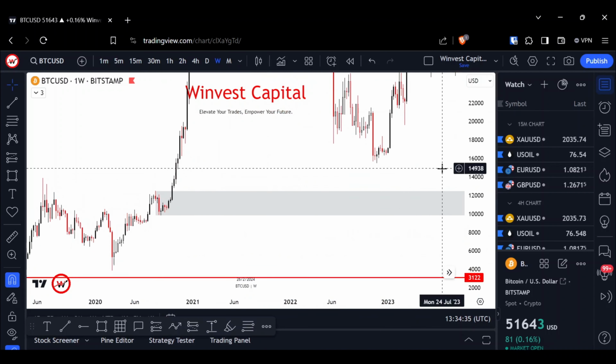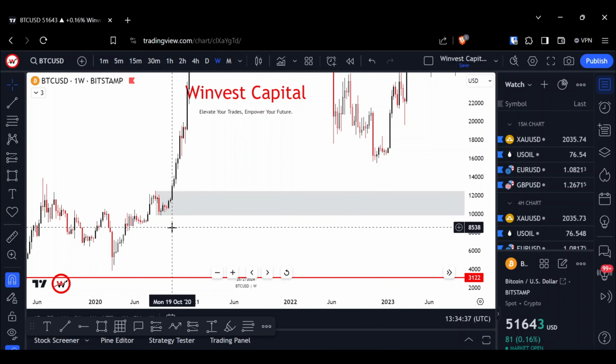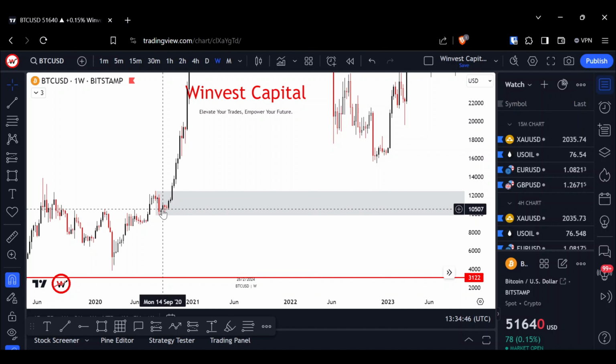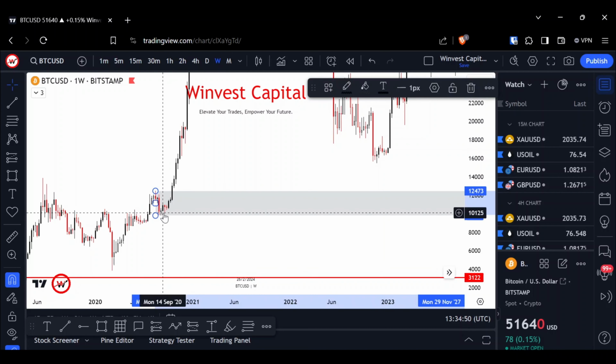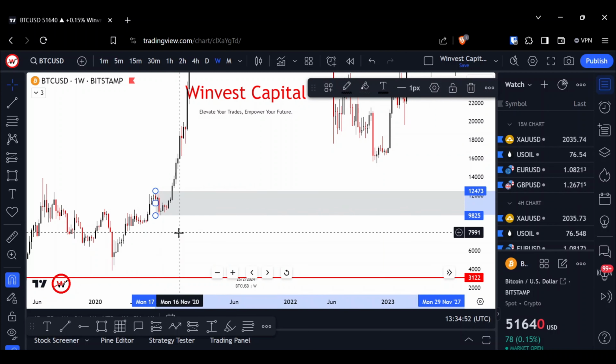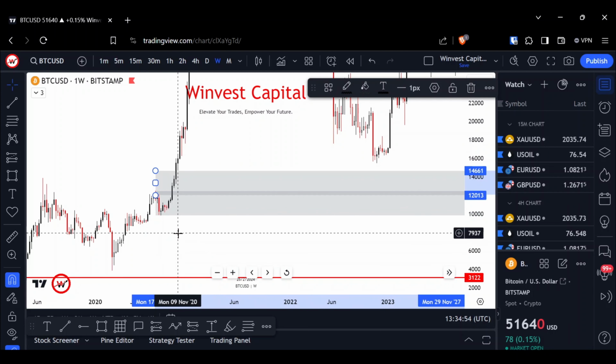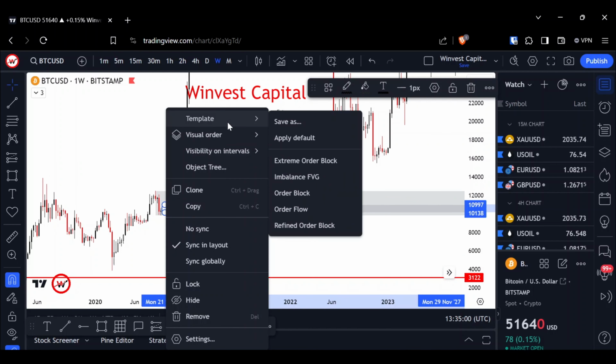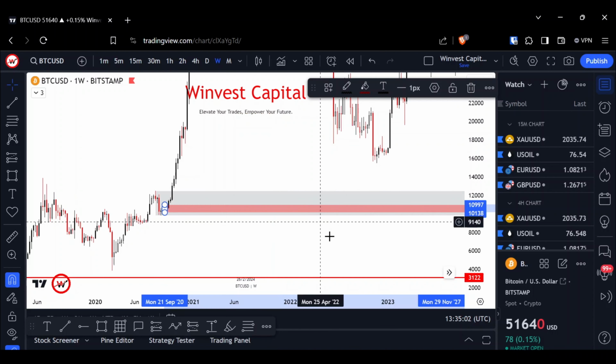And if I would mark an order block in it, then the last valid order block would not be this one, not that one, not even that one, but this bearish order block right there, because that one is unmitigated. And we'll mark it like that.